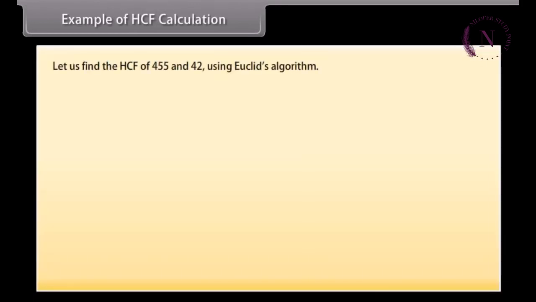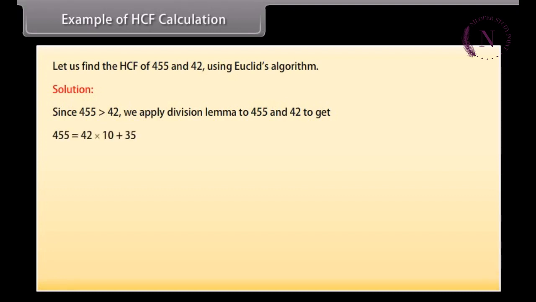Example of HCF calculation. Let us find the HCF of 455 and 42 using Euclid's algorithm. Solution. Since 455 is greater than 42, we apply division lemma to 455 and 42 to get 455 = 42 × 10 + 35.